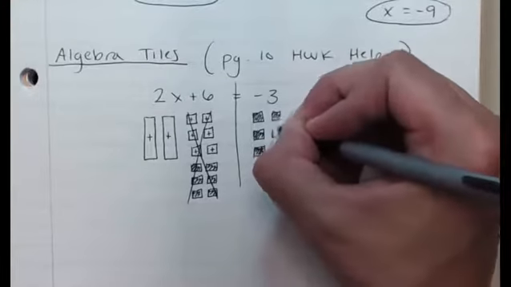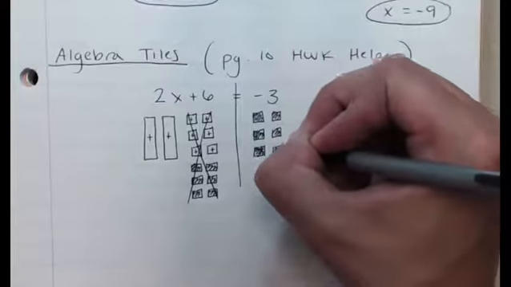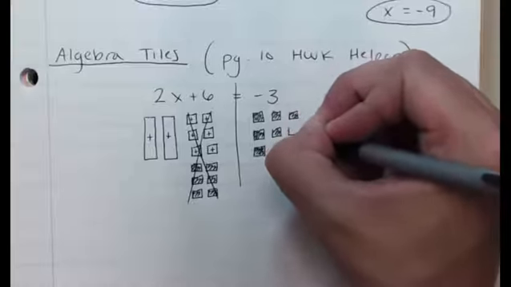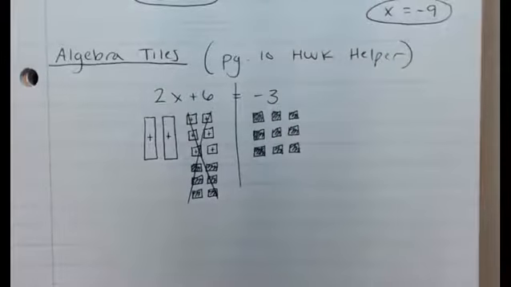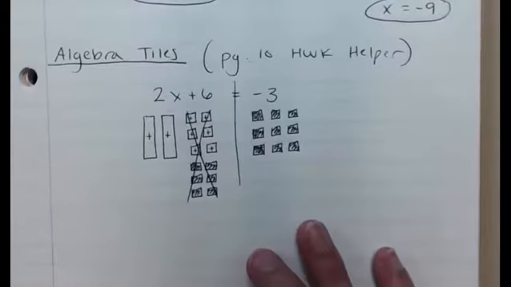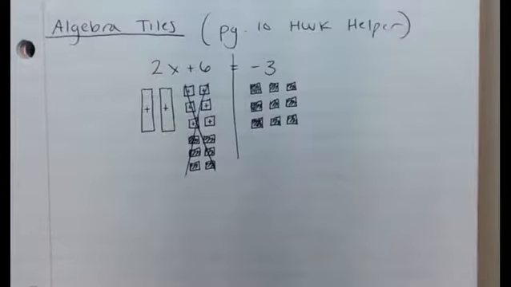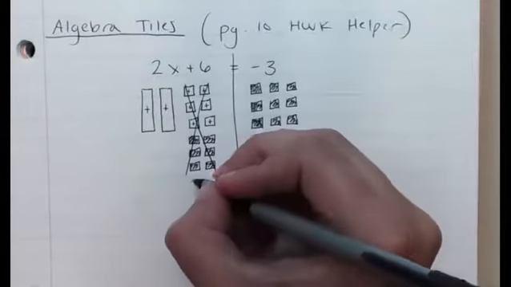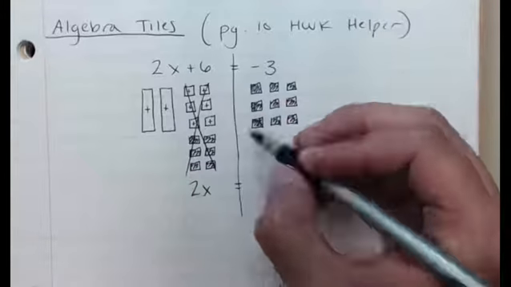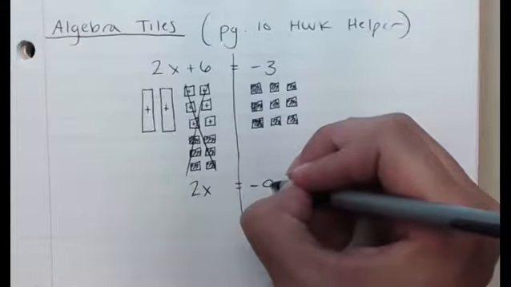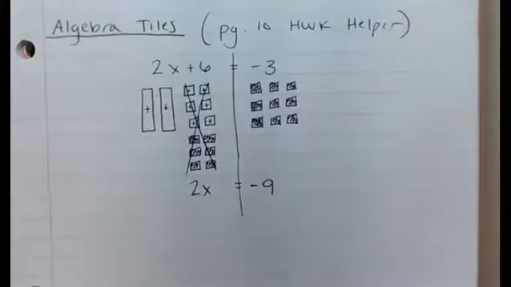So I'm going to subtract 6 over here. So now let's rewrite what we have. We have 2 x's left over on the left is equal to negative 9.